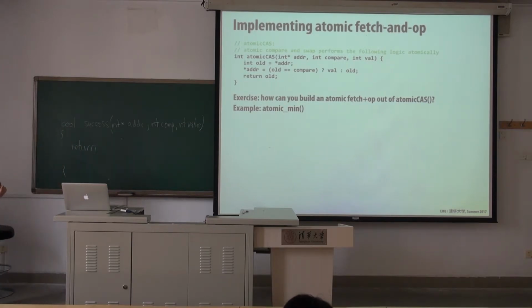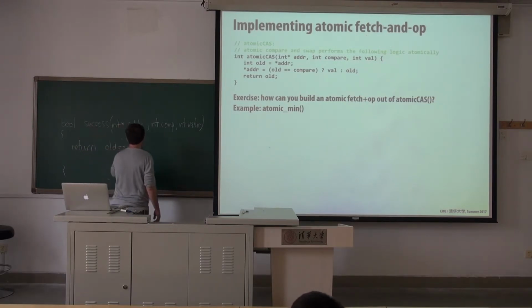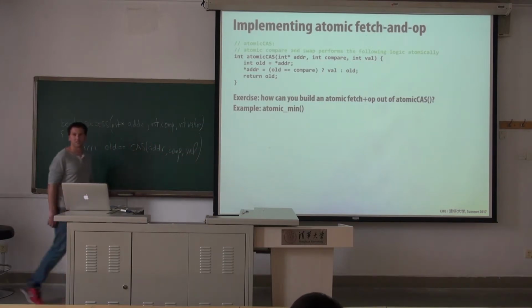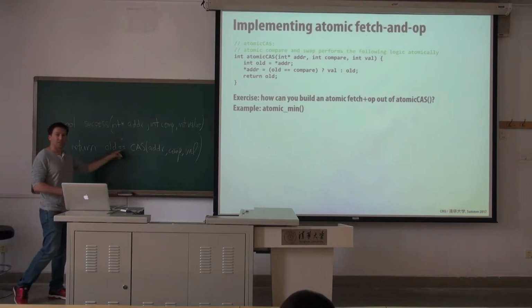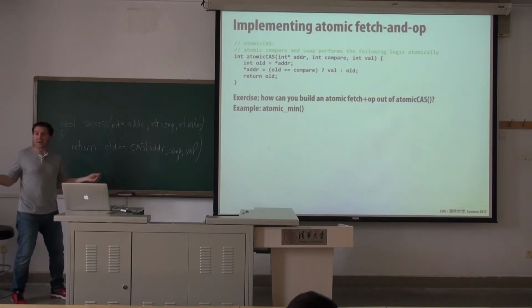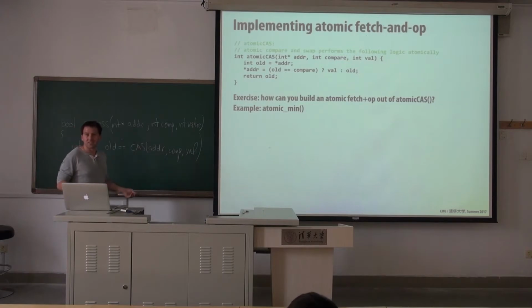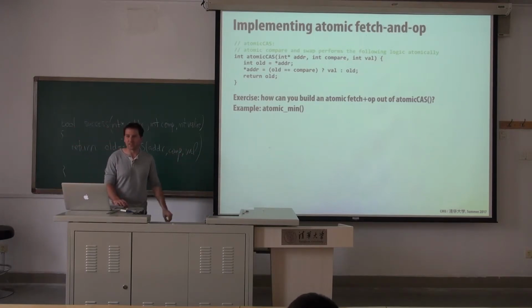How do I do it? Try it. If old equals compare. Right. Just return. Yeah. Return old equals compare and swap, adder, comp, value. Right. So if you want to know if it succeeded, you just check: is the value returned the value that I gave it as old? So you just basically duplicate the comparison.